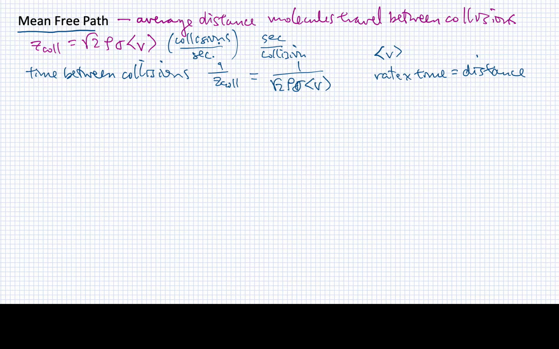So if I multiply this by that average rate, I'll end up with 1 over the square root of 2 rho sigma. And this result is something that we identify as the mean free path for the molecules. Okay, so it's a fairly simple result and fairly straightforward to get to.